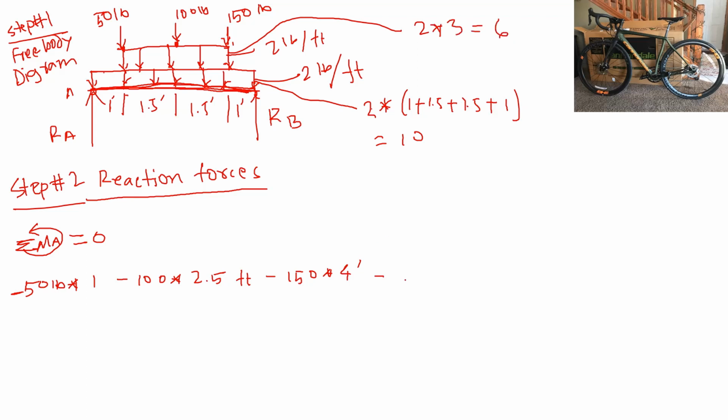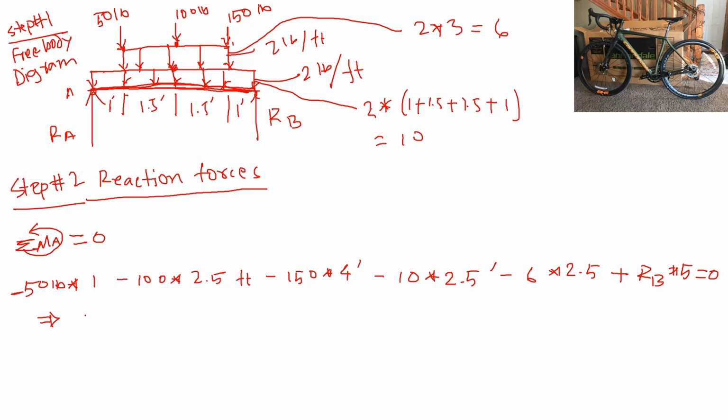Both of these loads act from the middle here, so we don't have to consider twice, but if we want, we can do it like this. So 10, that is acting 2.5 feet from A, and then minus that 6 pounds is also acting 2.5 feet from A, and then plus the reaction at B, which is 5 feet from A, is equal to 0.